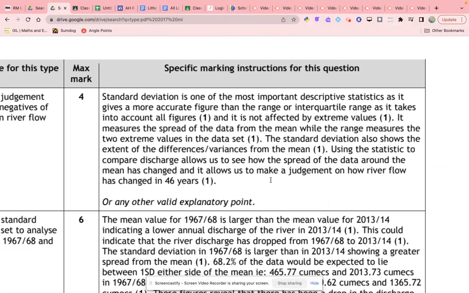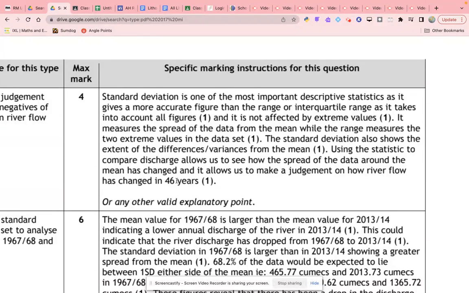And notice I'm using each point in relation to the data set. So I'm always relating these points back to the data set itself. Okay. We can see how that is developed. So using the statistic to compare discharge allows us to see how the spread of the data around the mean has changed. And this is quite an important point, that it allows us to make a judgment on how river flow has changed in the 46 years.